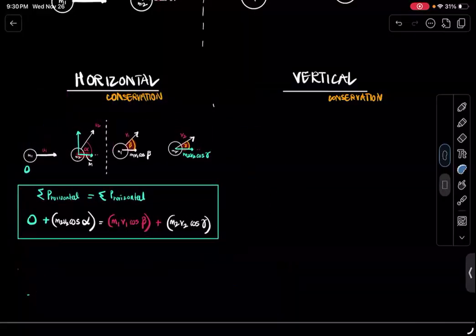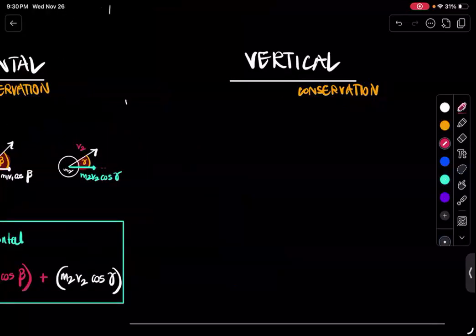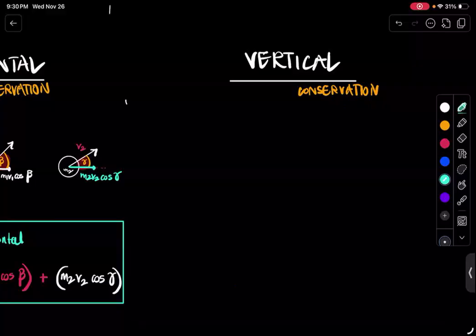Now we'll do the same thing for vertical components. Momentum is conserved in all directions, which means momentum will be conserved in vertical components as well. So the sum of vertical momentum before should equal the sum of vertical momentum after collision.